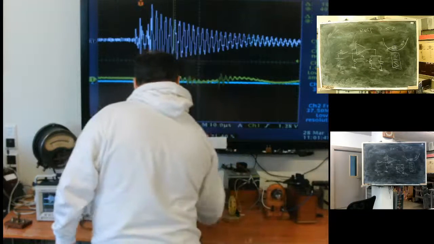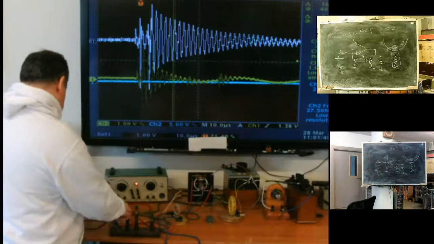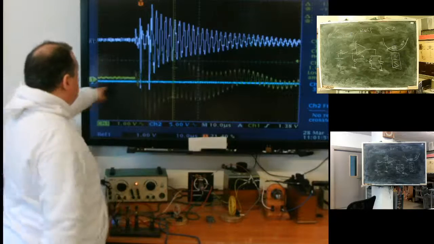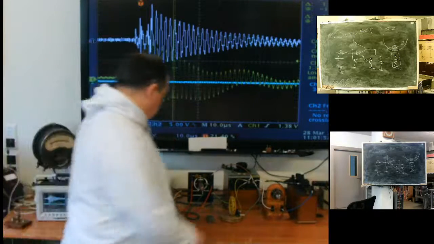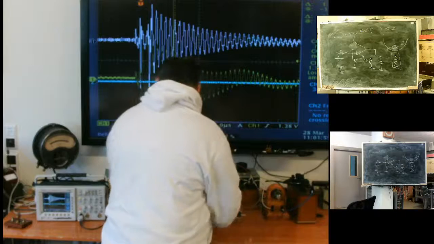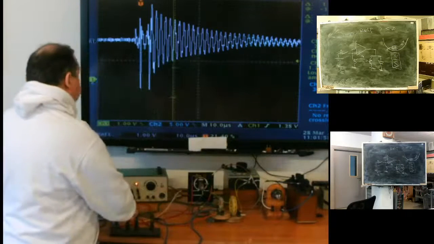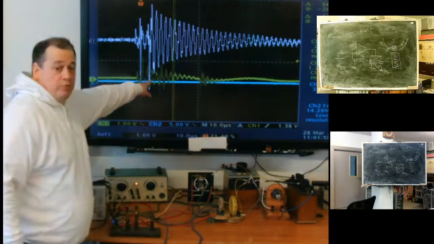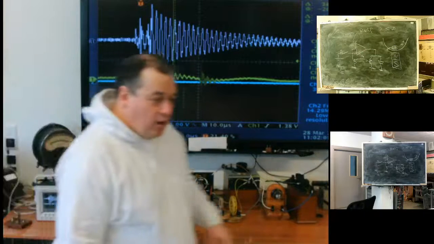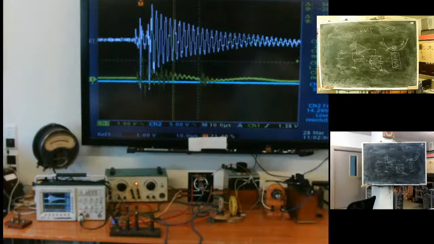We can see again. Weak coupling, strong coupling. And now, all this with negative return. So any negative return makes the system more stable.